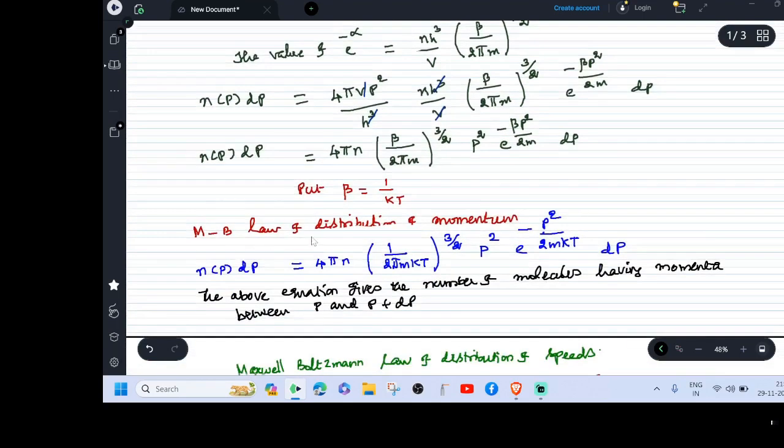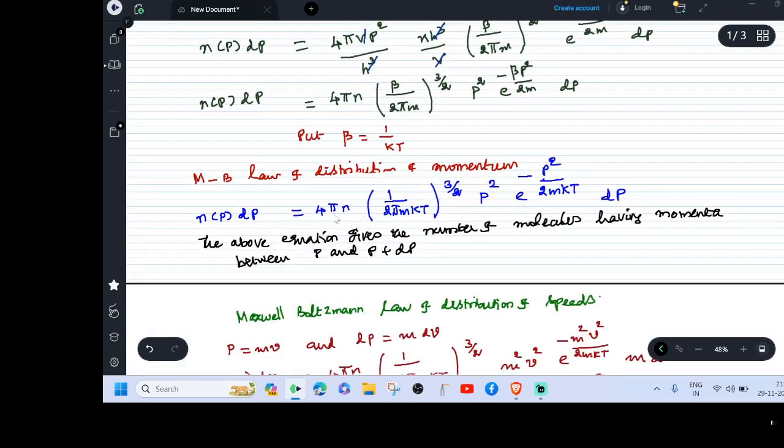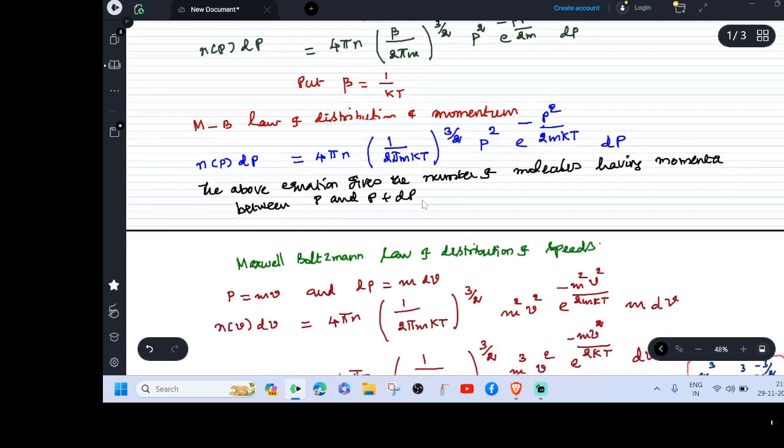Now, Maxwell-Boltzmann law of distribution of momentum is 4 pi n into 1 divided by 2 pi m kT, entire power 3 by 2, p square e power minus p square by 2 m kT into dp. The above equation gives the number of molecules having momenta between p and p plus dp.